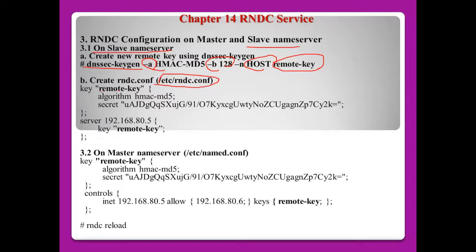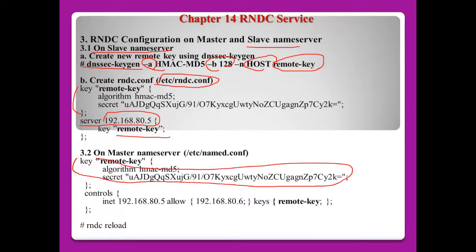It is rndc.conf, so the key is defined here, and the server, in my case 192.168.5 is the master name server, and the key name like this. In the master name server we also need to configure the key like this, because this is a symmetric key. Symmetric key means the key must be the same between master and slave. So this key and this key must be the same.